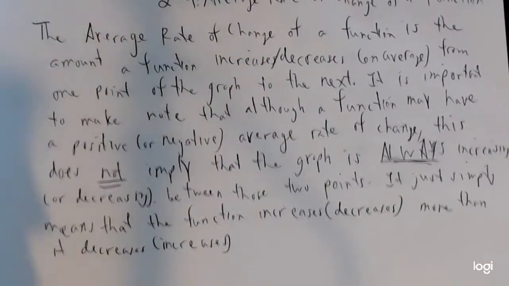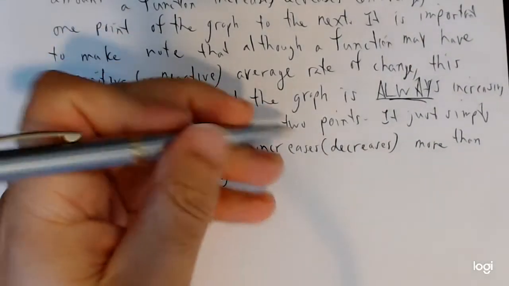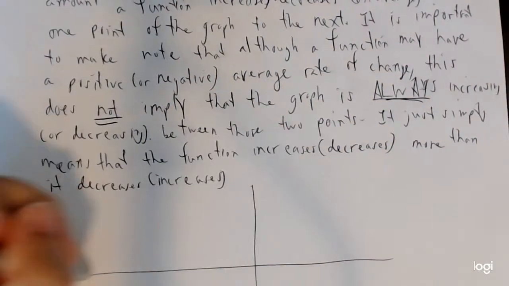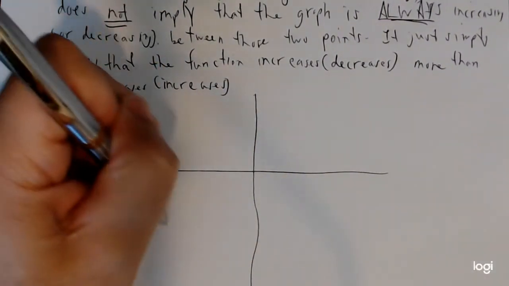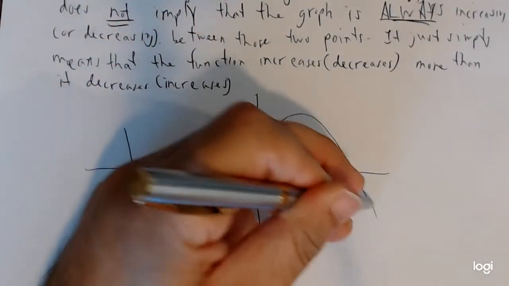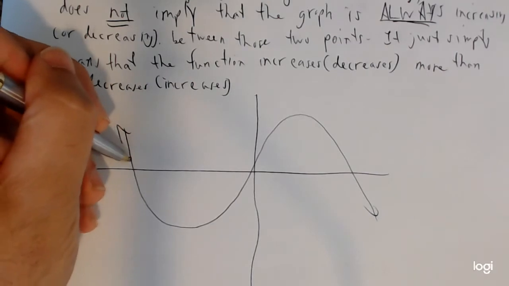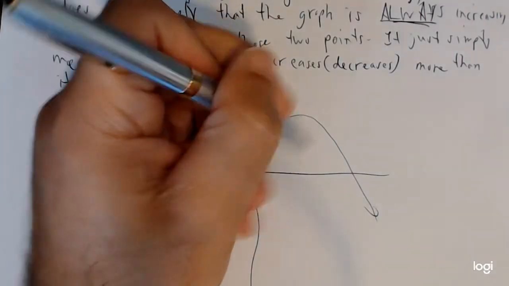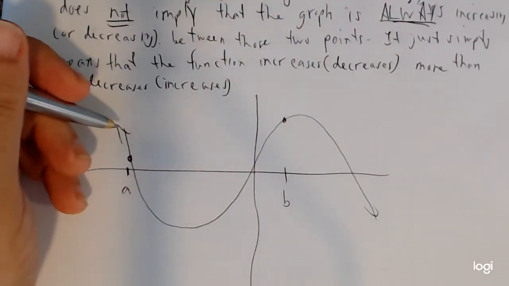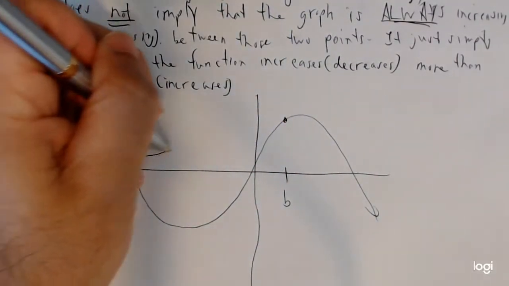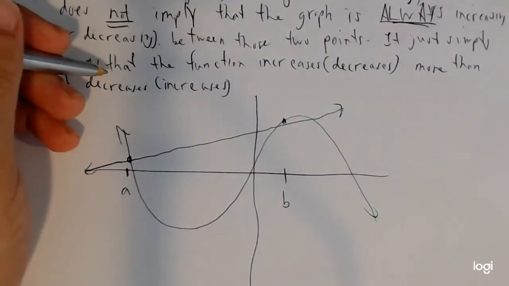So visually, here's what I mean. Let's say this is my function, and I say, hey guys, I want you to find, and don't worry about how yet, the average rate of change from this x value to that x value. When you find the average rate of change, you're basically finding the slope of this line, right? Because you're saying on average, how much does it change by?